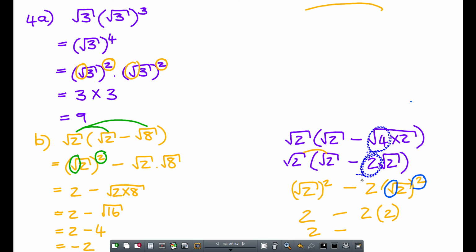And what happens to the times? There's actually, when I write it next to each other, a little dot here. Or you can just write it next to each other and it still means times. And then the square root of 2, I couldn't work it out, so that's why it stayed square root of 2. Okay. Are you good? Yes.